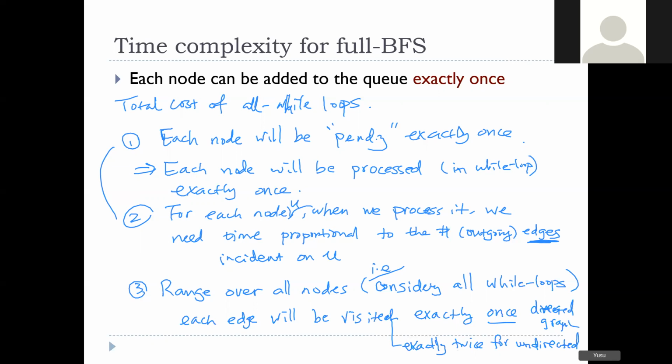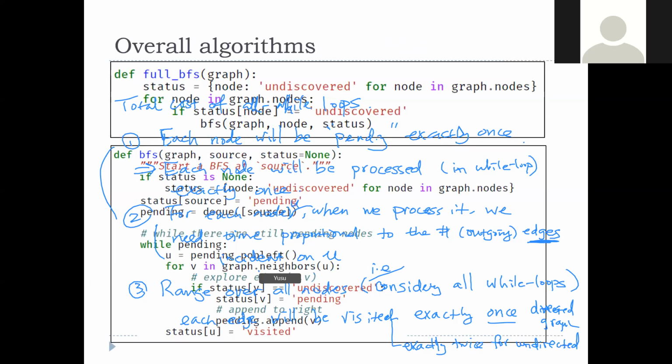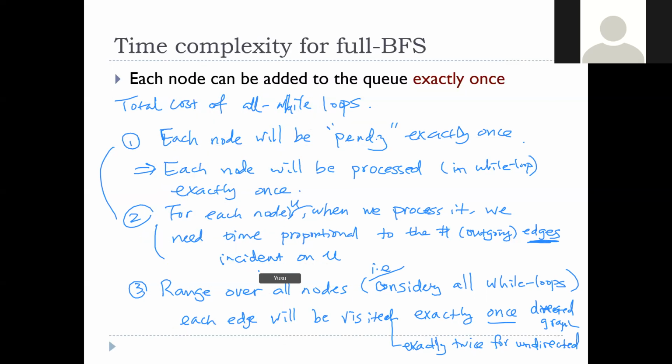Why? Because if you consider each edge, for a directed graph, we'll only touch this edge once. If you have edge UV, we'll only touch it once when we're exploring node U, because through this edge you go to V. While for an undirected graph, we're going to touch an edge twice, once for each of its endpoints.